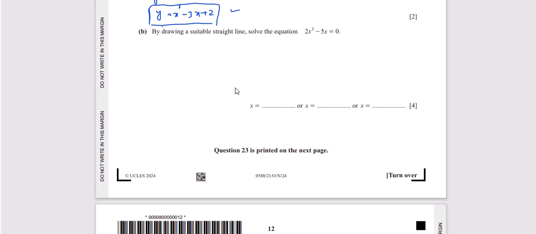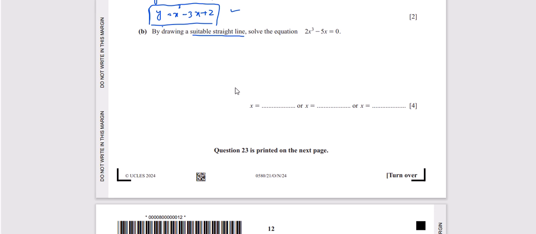Now by drawing a suitable straight line, solve the equation 2x³ − 5x = 0.